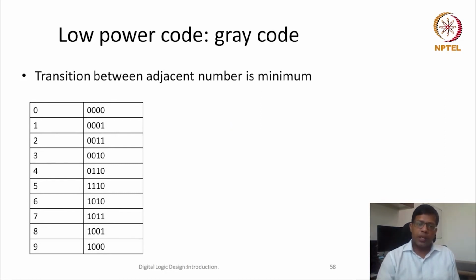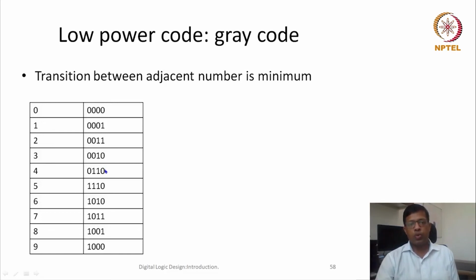So here you can observe that if this is the representation of 0 and 1, the number of transitions is 1, and from 1 to 2 again the number of transitions is 1, only this particular bit is flipping, and from 2 to 3 again only this bit gets flipped, so the number of transitions is still 1.